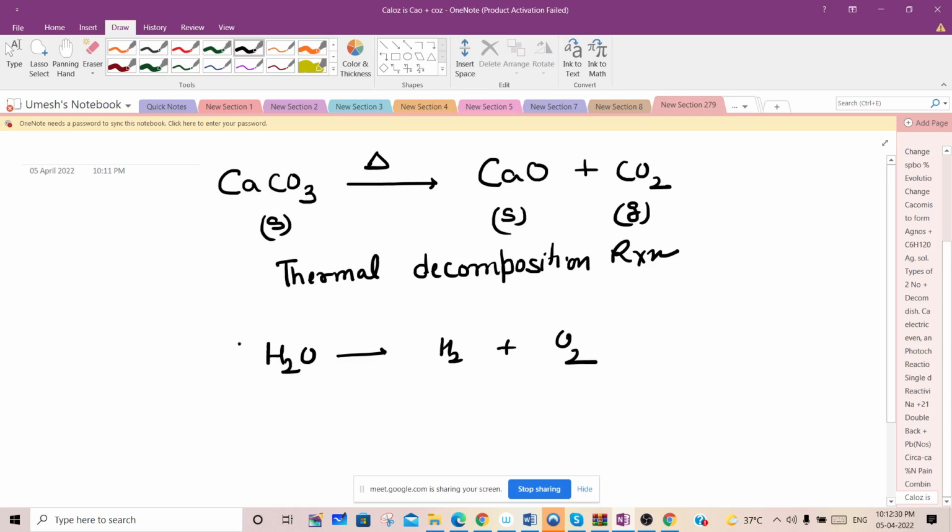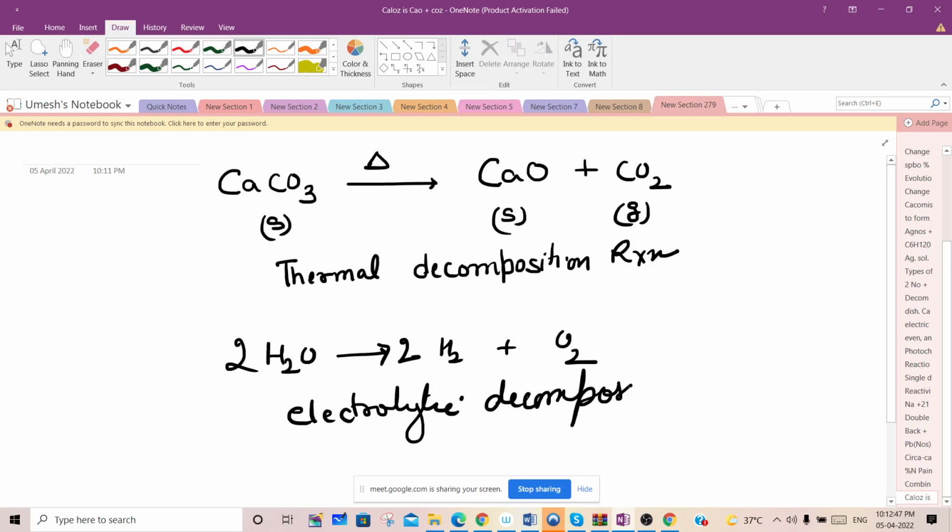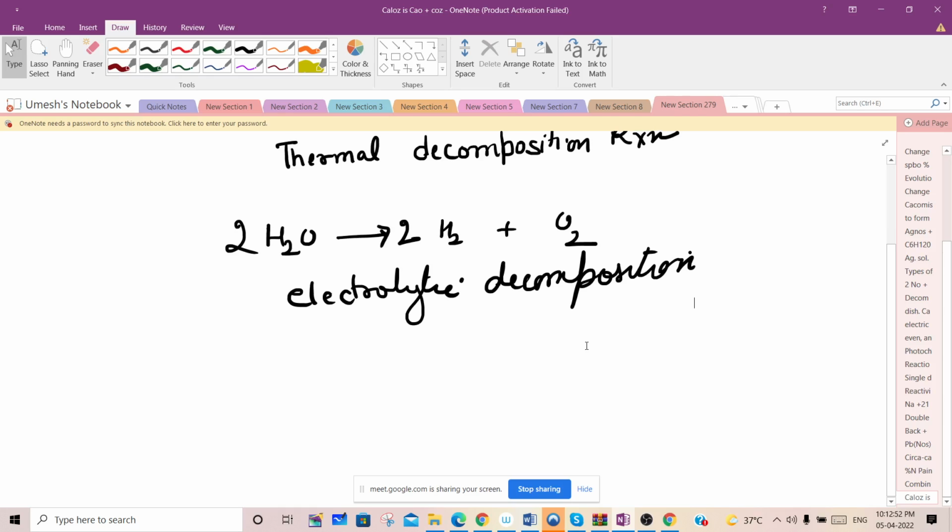This takes place in the presence of electric current, so we call it electrolytic decomposition. Next, any other example? NaCl in the presence of electric current, that is also an electrolytic decomposition.